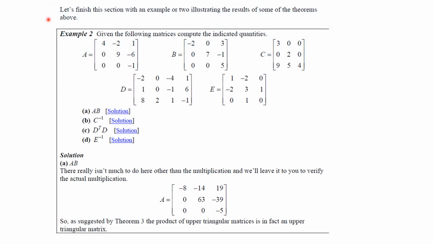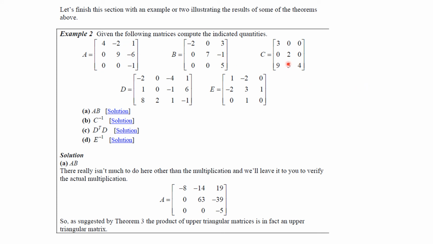Okay, so now what we're going to do, and this is the theorem we didn't prove, is do some calculations and just see what happens. So we'll start with A and B, and both A and B are upper triangular.